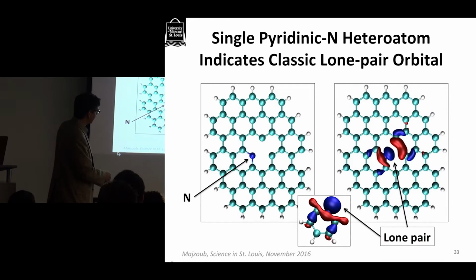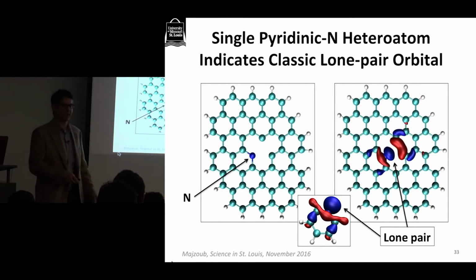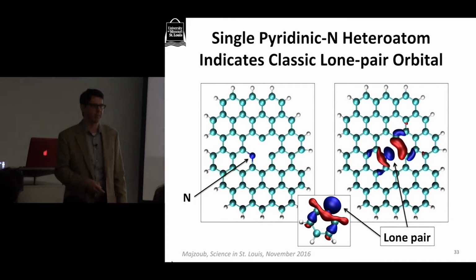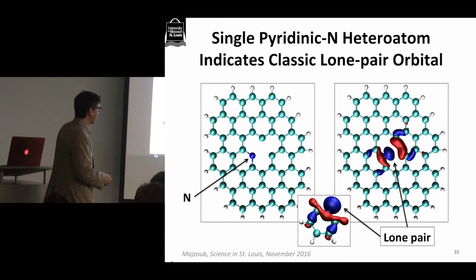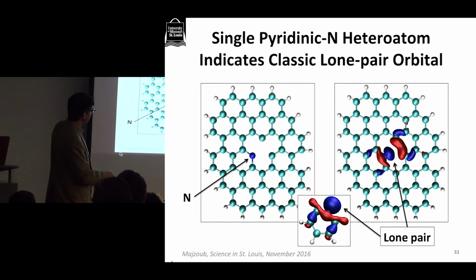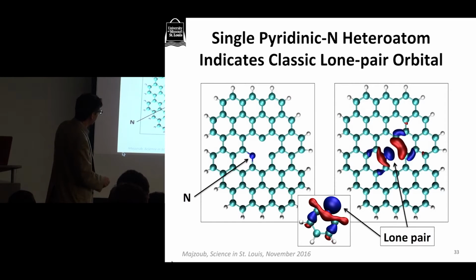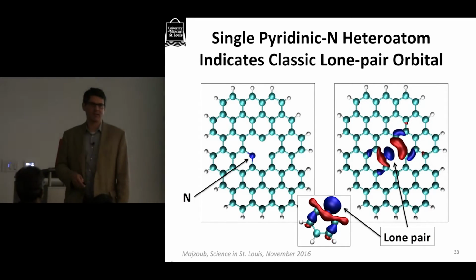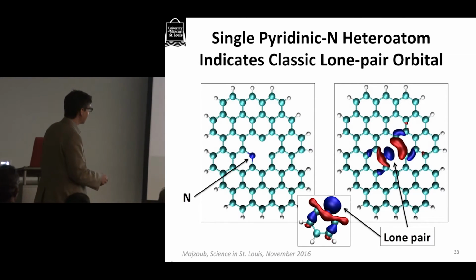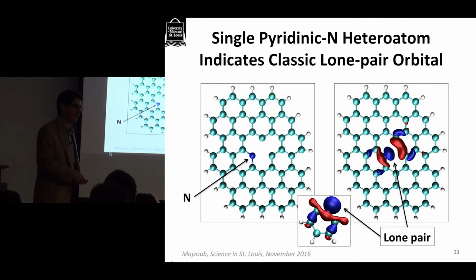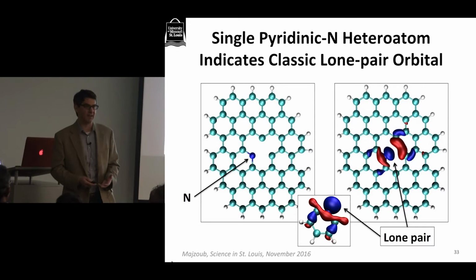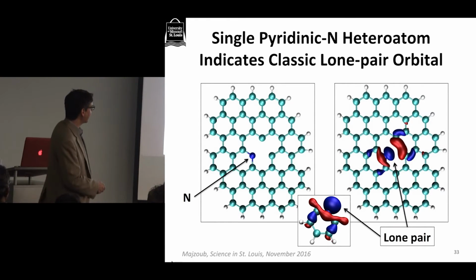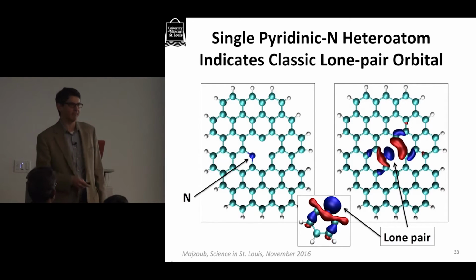This blue lobe here is showing the electrons that form this so-called lone pair on the pyridine molecule. But you'll notice that in my carbon sheet, where that nitrogen is located, I have the same lone pair. That means that nitrogens in a carbon framework can act, they're called pyridinic because they can act like pyridine, and they can donate electrons to things that are in the vicinity of that nitrogen heteroatom.